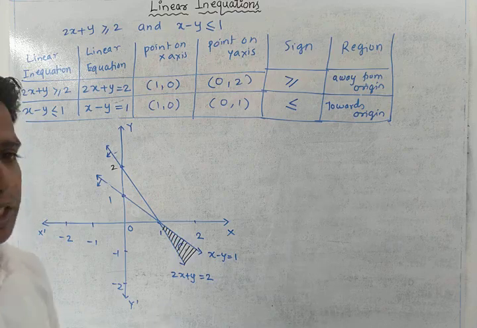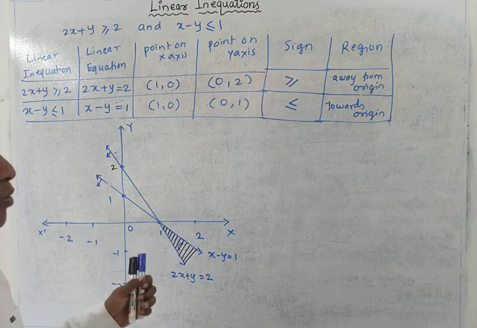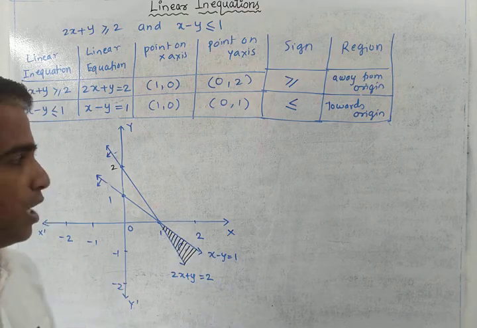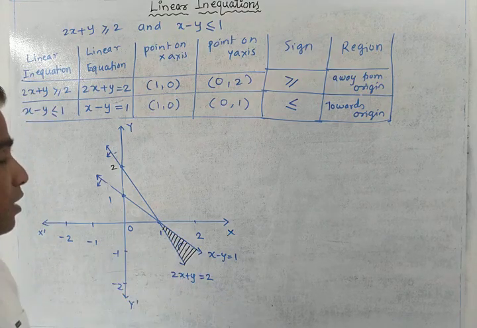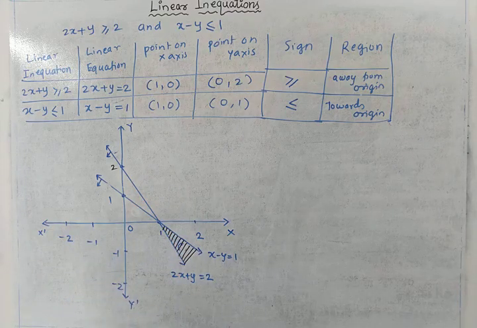So this is the linear inequations in simple way, that equations we learned how to draw in 10th standard or before that. So now in this 12th we are going to learn the solution of linear inequation. Okay. So see, check the example properly and write down that notes properly.